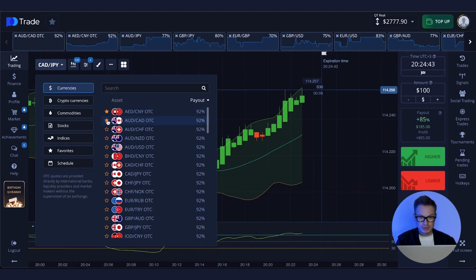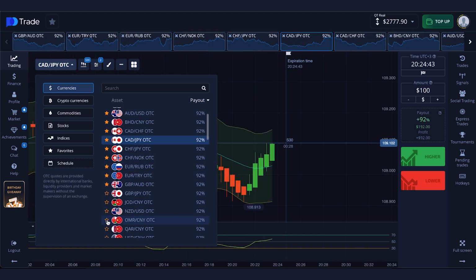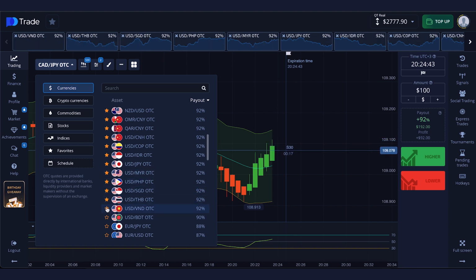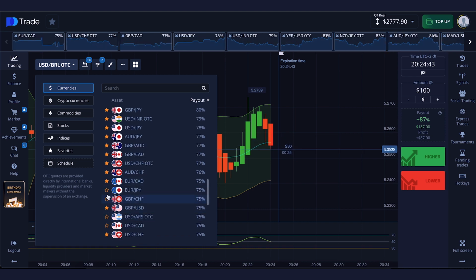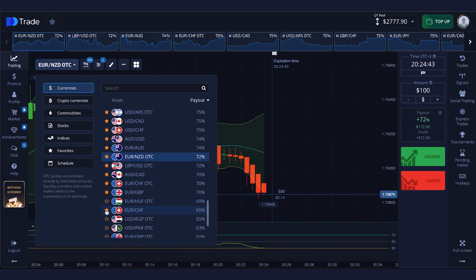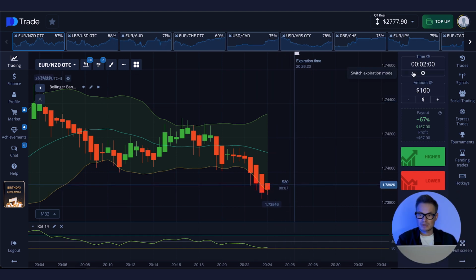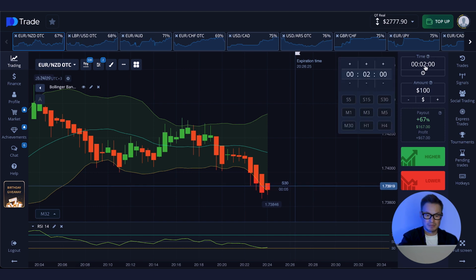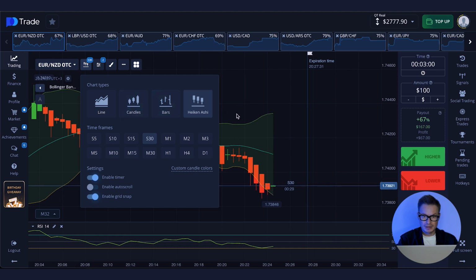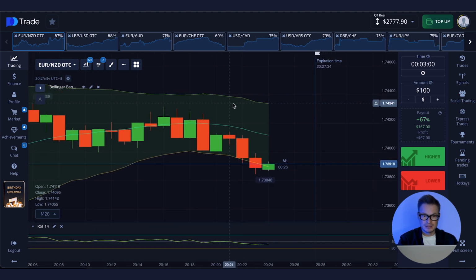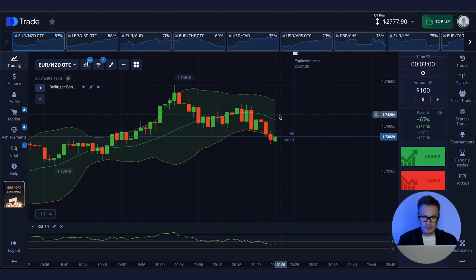Open currency pair for trading over 70%. I will trade with time 3 minutes. I will use high standard candles and time frame 1 minute.